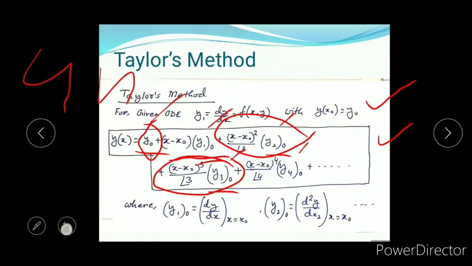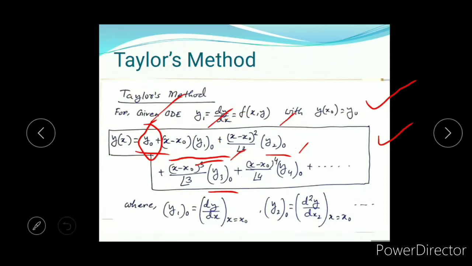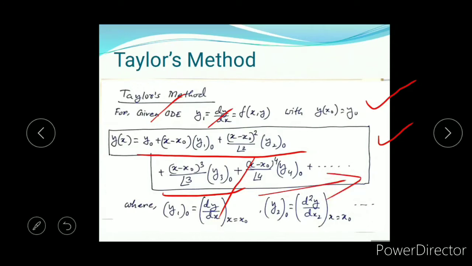And remember one thing, that by this Taylor series method, as we are checking for 4 non-zero values, if we get these non-zero values up to this point, then we don't have to calculate anymore.